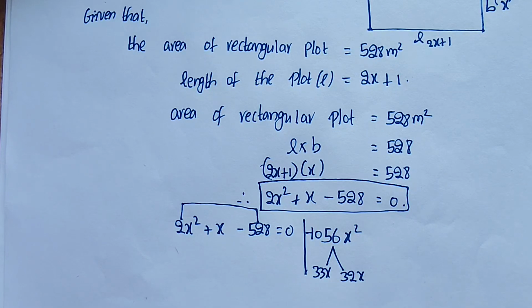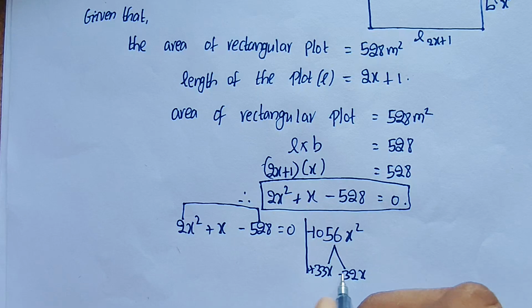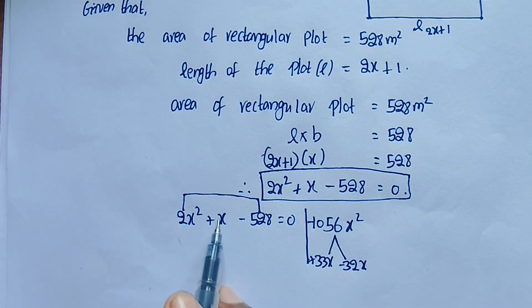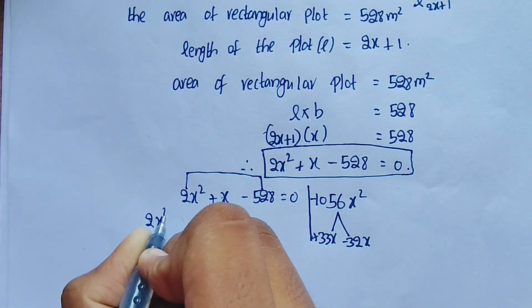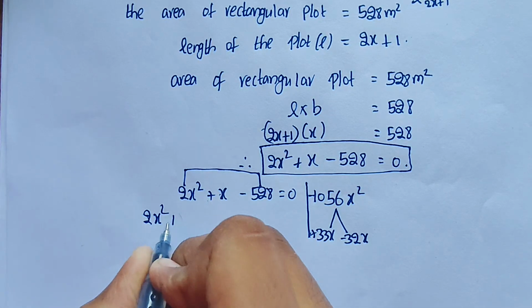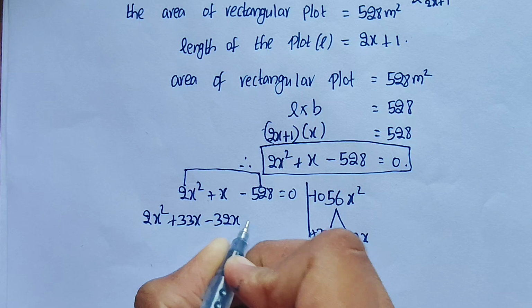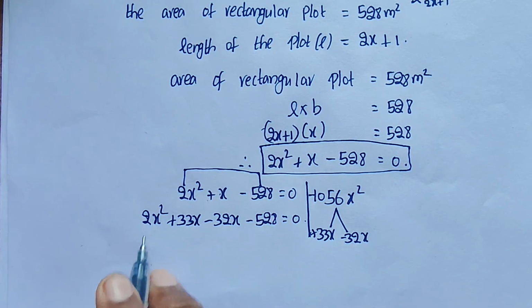For the bigger value we take the plus sign, and for the smaller value the minus sign. If we subtract or add these two, we get the x term. So 2x squared plus 33x minus 32x minus 528 equals 0.